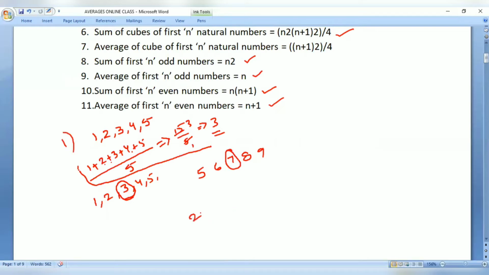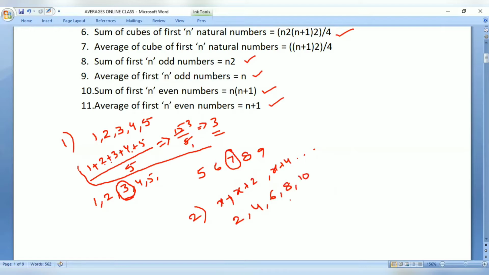This is case number 1. For example, case number 2. If you are asked to calculate the average of consecutive even numbers, even number means x, then x plus 2, then x plus 4, and so on. For example, if I take 2, what is the next value? 4. Next even number 6. Next even number 8.